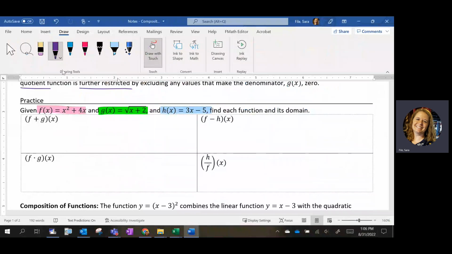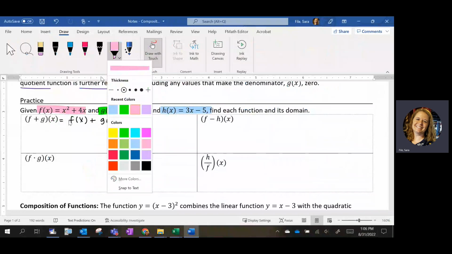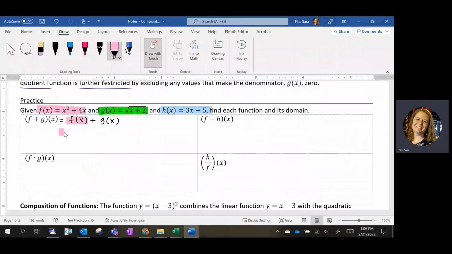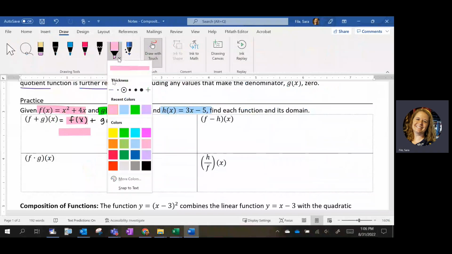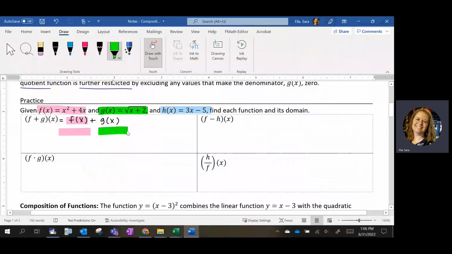To start, I'm going to rewrite from this format to show the functions individually. So f plus g of x just means it's the f of x function plus the g of x function. That's all that means. So I'm going to have my f of x function, which I'm going to write here, and I'm going to add my g of x function to it.